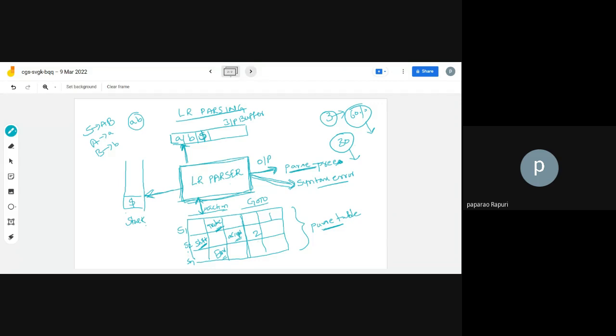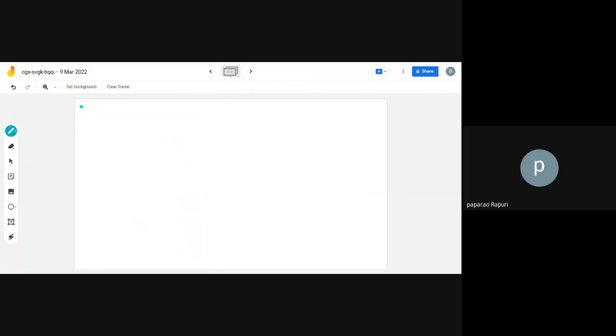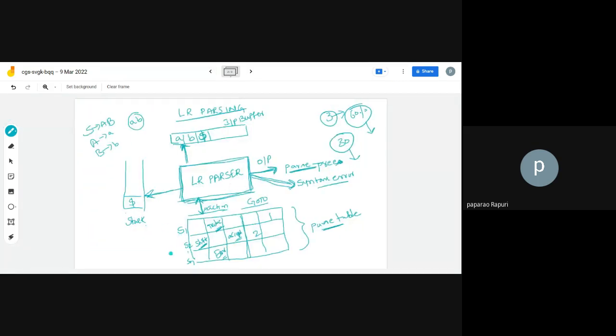Suppose a cell of the table looks like this: T of S comma A. Here S is the state, and A is the action symbol, A, B, C, $, and here S1, S2, S3 are states.